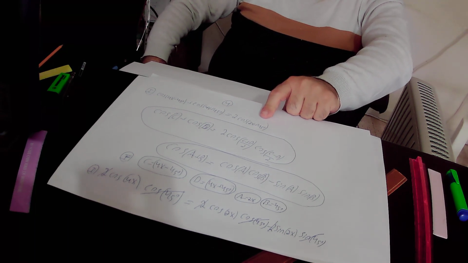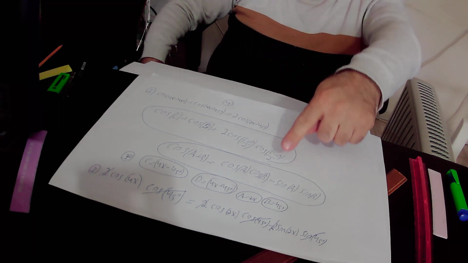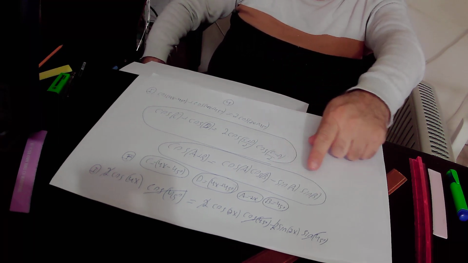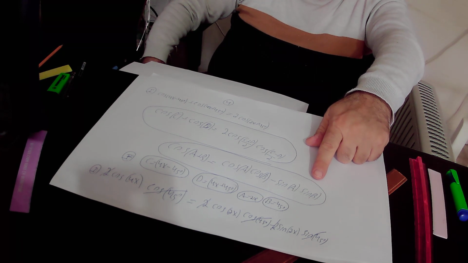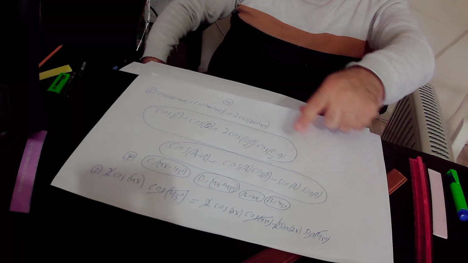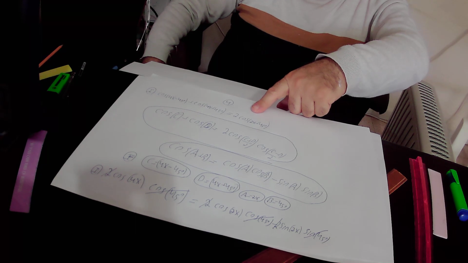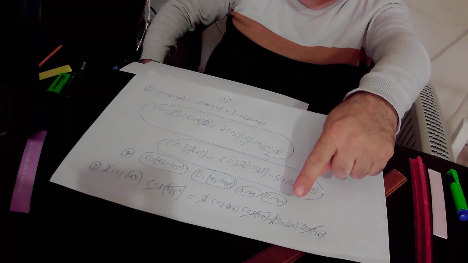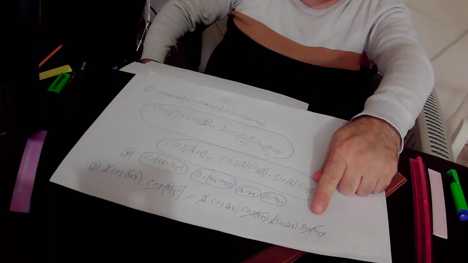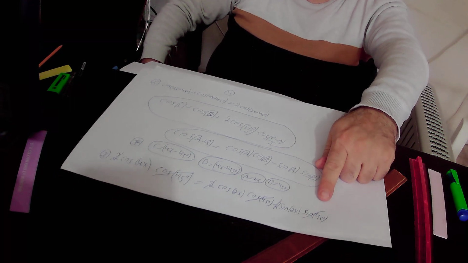We treated this expression by using the trigonometric identity that cosine (A plus B) equals cosine A times cosine B minus sine A times sine B. And according to this identity, we got that 2 cosine (2x plus 45 degrees) equals 2 cosine 2x times cosine 45 degrees minus 2 sine 2x times sine 45 degrees.